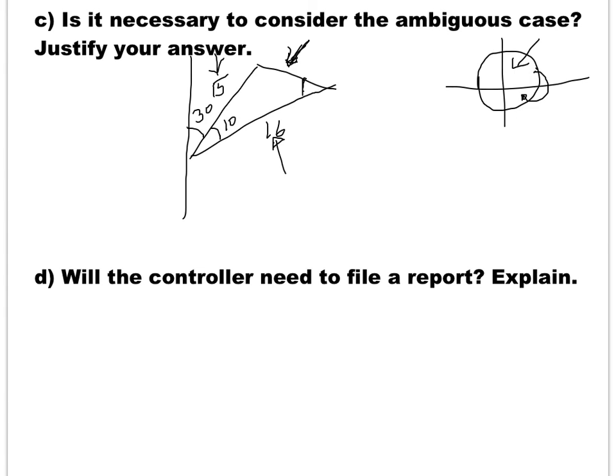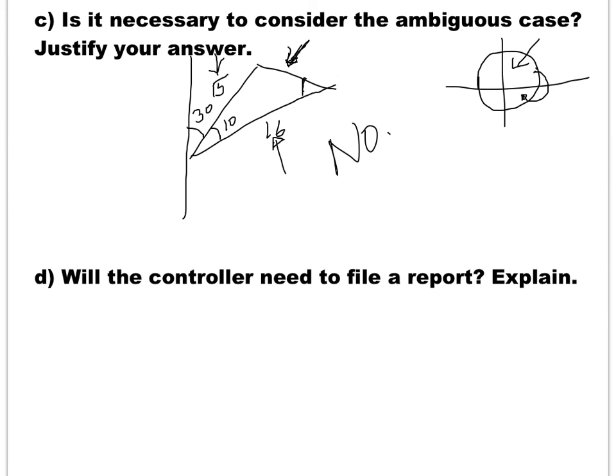And in the fourth quadrant, the angle is greater than 270 and less than 360. So there is no possibility here that we can have two answers. So there is no ambiguous case if you're using cosine law. This means that I can solve this triangle without any ambiguous cases. So I do not need to consider any ambiguous case. So the answer is no.